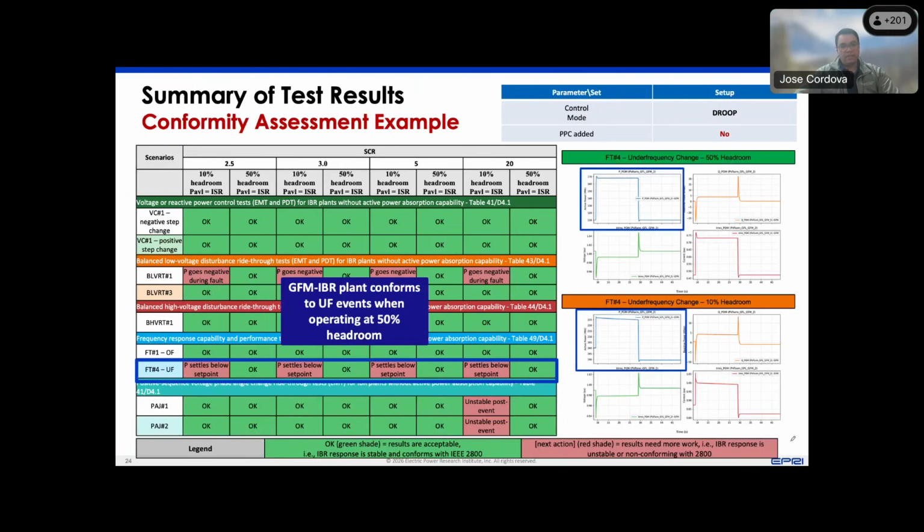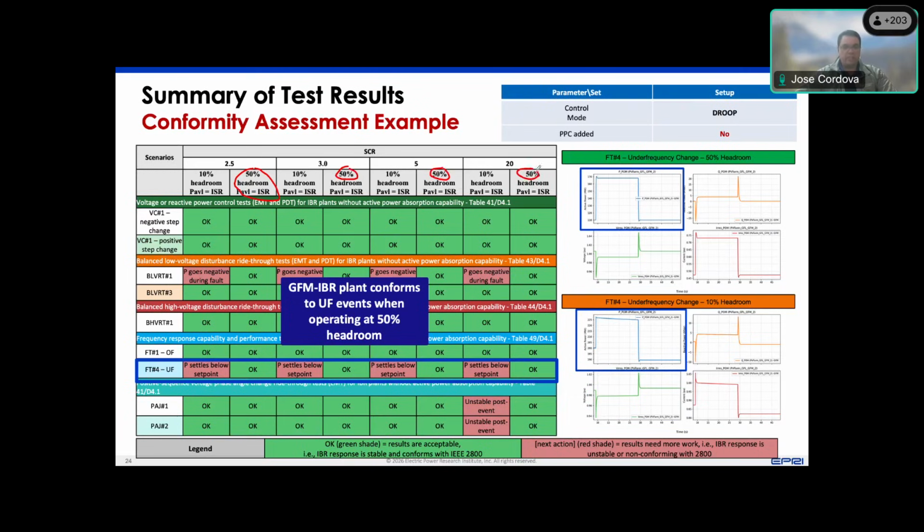And here is where some conclusions jump first, which is mainly that the grid forming IBR plant conforms to the under frequency events when operating at 50% headroom, which means that if the IBR plant has a little bit more flexibility in terms of how much power it can inject, and what operation point it is at, it is more flexible and therefore it might conform.